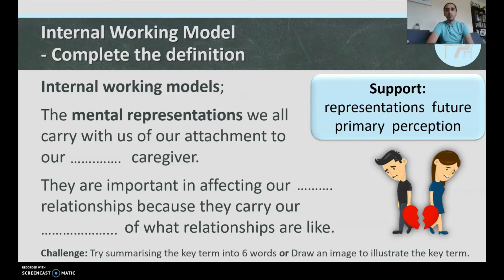We all carry with us of our attachment to our primary caregiver. They are important in affecting our future relationships because they carry our perception of what relationships are like. Okay? It's our mental representation, or I like to describe it as a template of all future relationships.